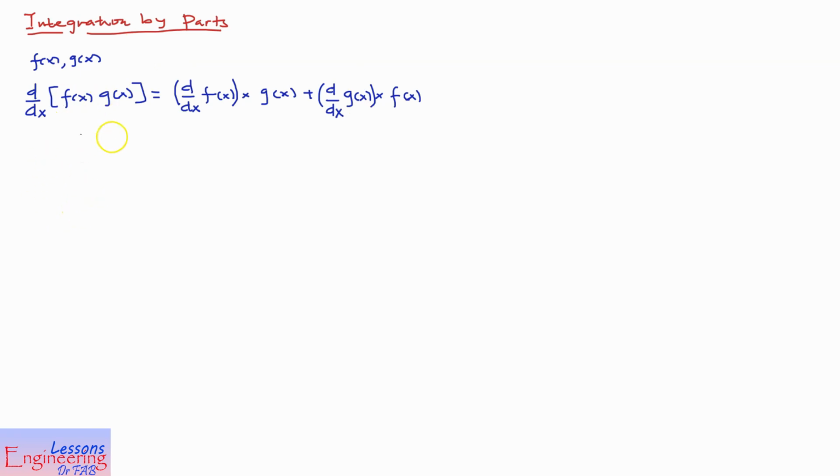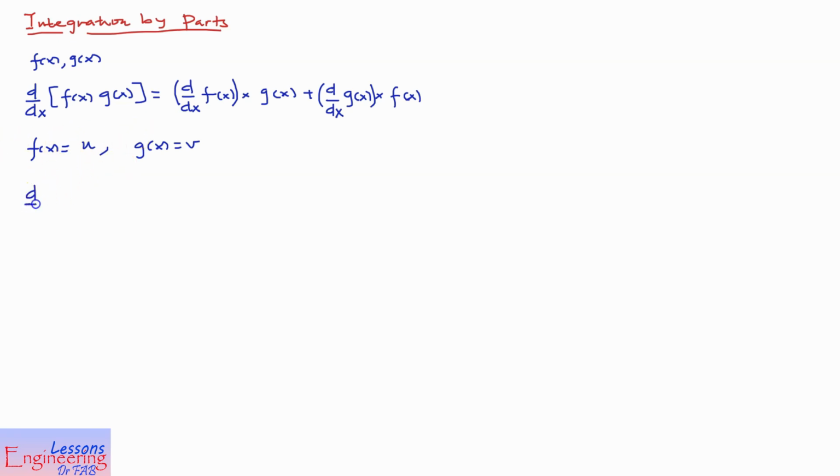Now we can go ahead and simplify this. Let's assume f of x is u, and g of x is v, for the sake of simplifying that line.